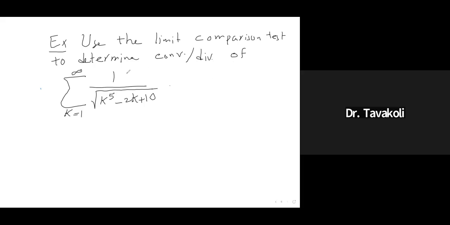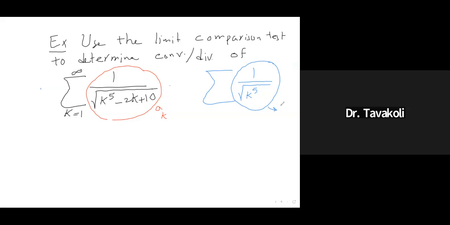So if what I have here is a_k, the series that I would consider is 1 over the square root of k to the 5. And this is the general term b_k.